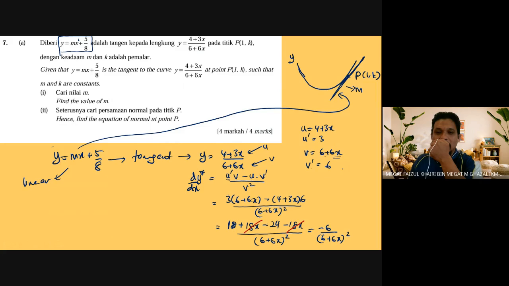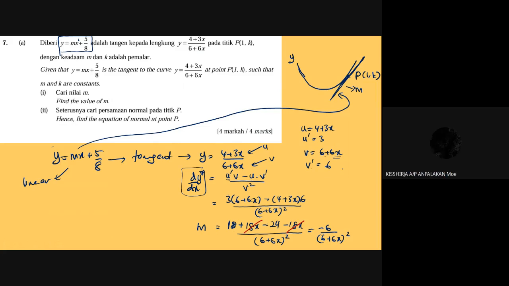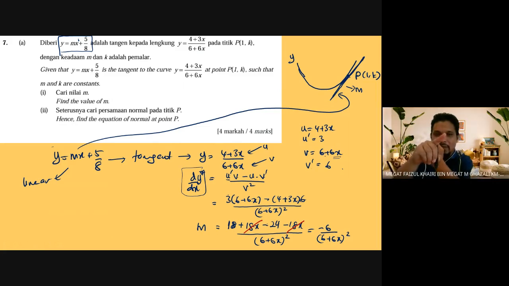Through the process of dy/dx we get negative 6 divided by (6 plus 6x) squared, where dy/dx is actually the gradient of the curve. Any function, especially a curve, if we differentiate it, will give you the gradient of the function.